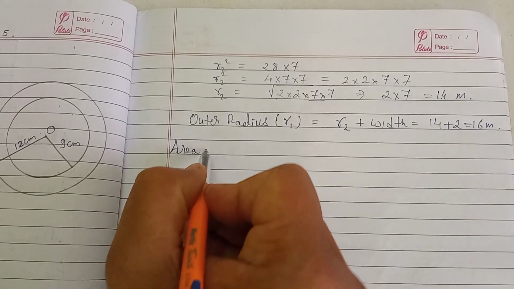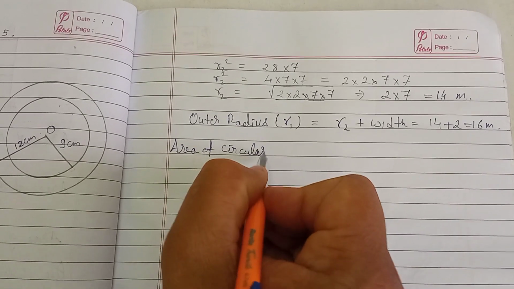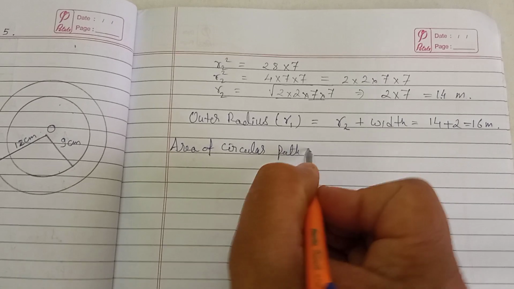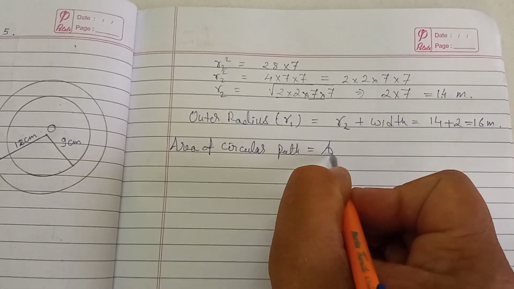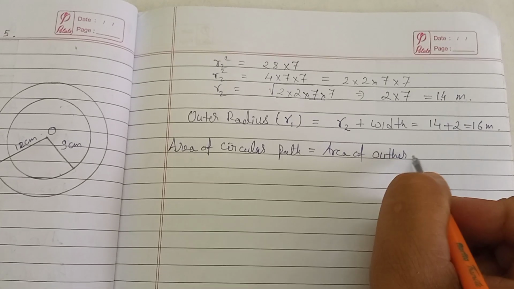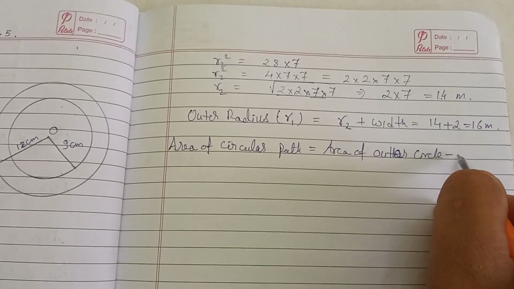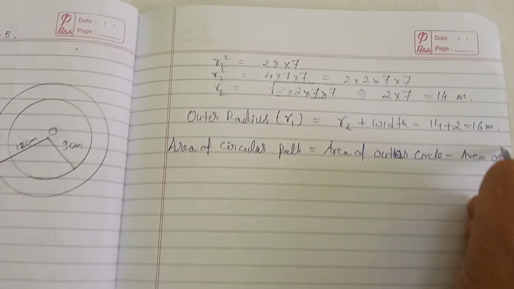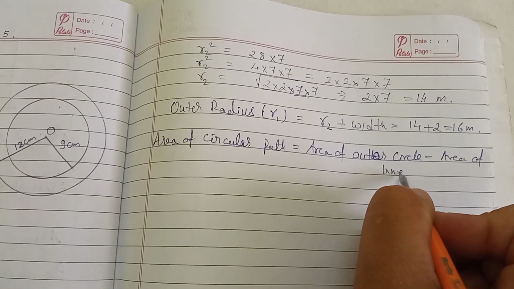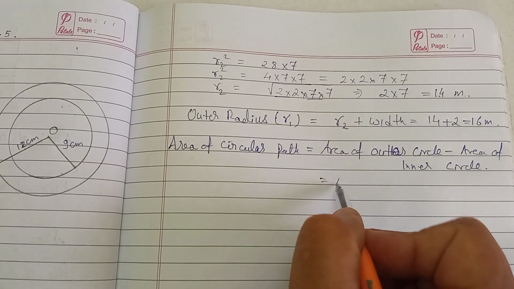So again the same formula of the concentric circle. Area of circular path equal area of outer circle minus area of inner circle. What is the formula?